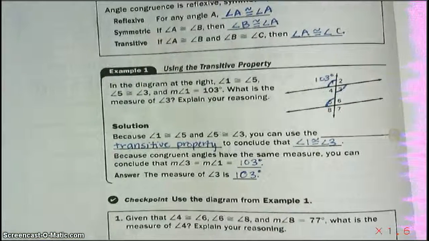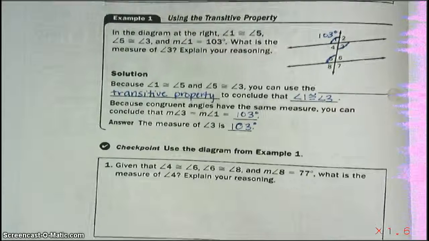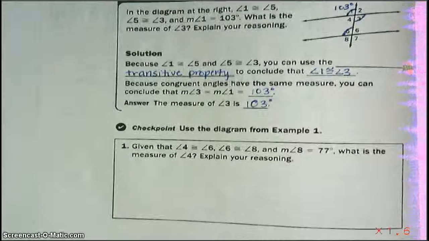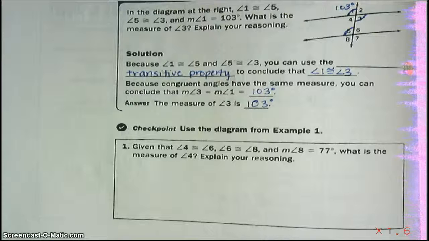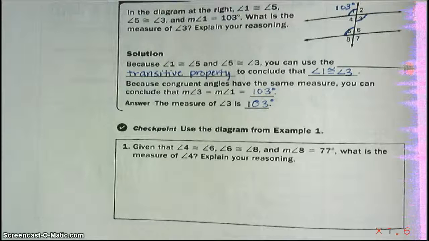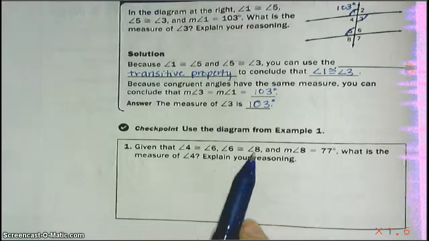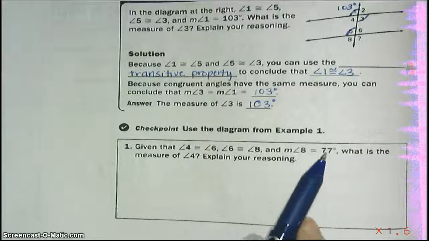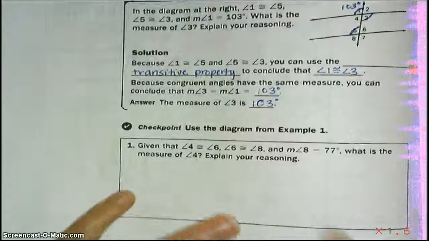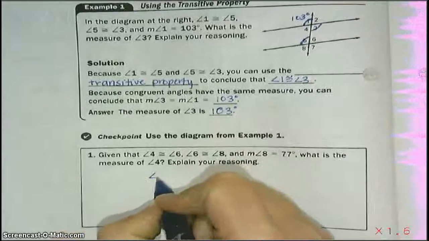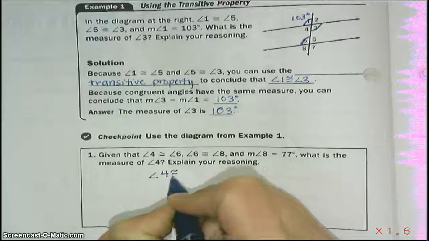All right, let's see if we can transition to our checkpoint question. They don't have a picture with it, so you can either draw one or just read through and see if it fits another one of our properties from above. It says, given that angle 4 is congruent to angle 6, and that angle 6 is congruent to angle 8, and the measure of angle 8 is 77, what is the measure of angle 4? Well, using the transitive property, we can conclude that angle 4 is congruent to angle 8.